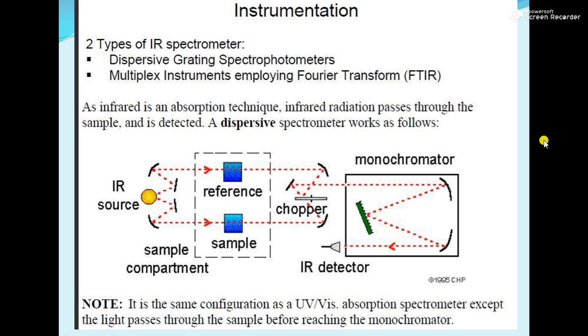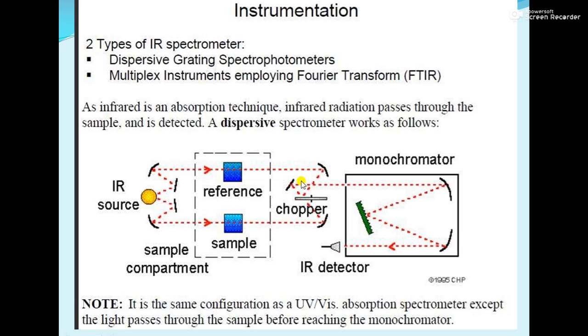In UV visible spectrophotometer, the light first passes through the monochromator and then passes through the sample. But in IR spectrophotometer, the light first passes through the sample solution or the reference solution, and after that it passes through the monochromator for getting the single wavelength line. That's how it's going to work.